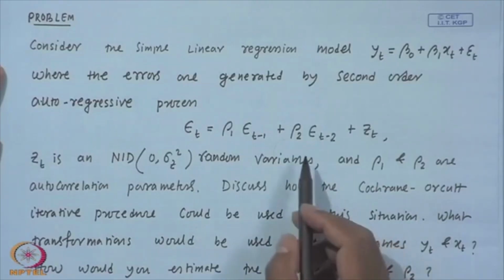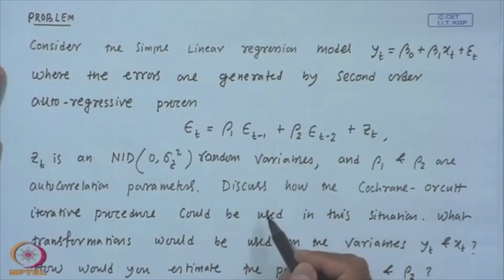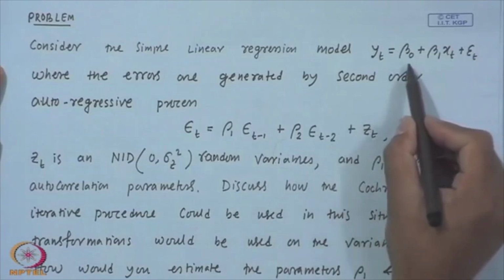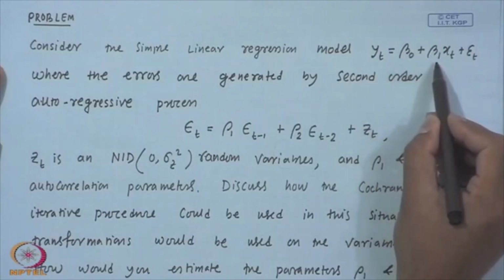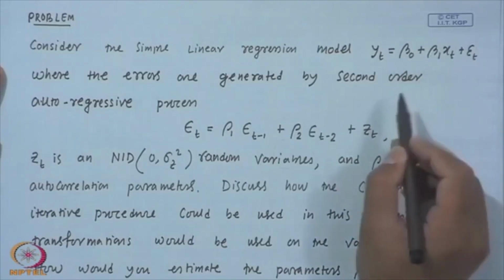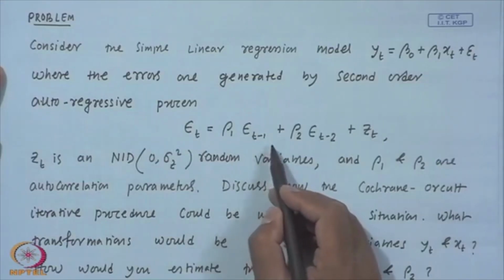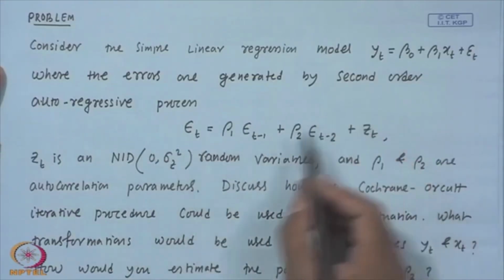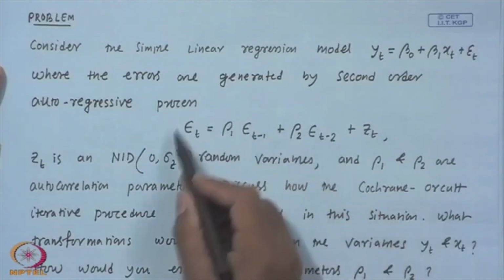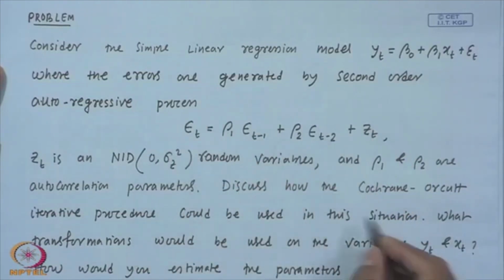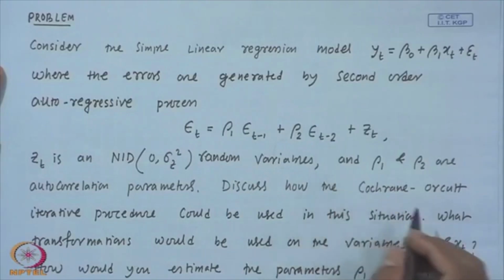If you can recall, we talked about how to fit the regression parameters beta naught and beta 1 in case of first order autoregressive error. So, here instead of first order autoregressive error, we have second order autoregressive error. So, this is quite a straightforward problem.